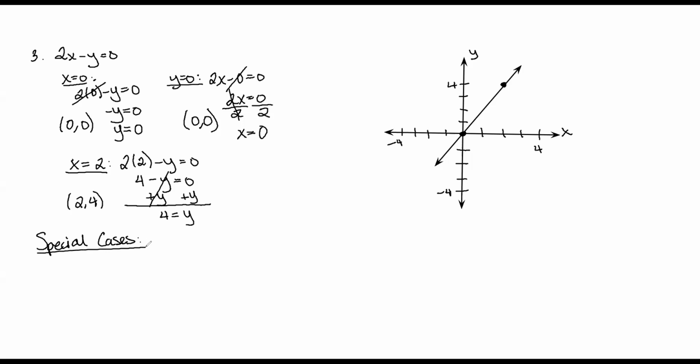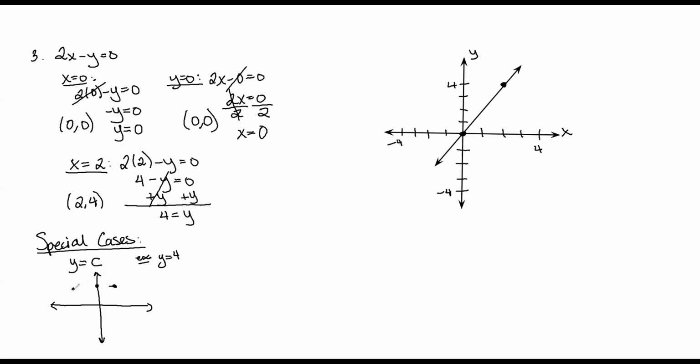So one of our special cases is when we just have y equals some number. So for example, if we were just given y equals 4, this means, let me sketch out a little graph here, that y always equals 4. So if I went up to 4 on this y-axis here, I can't go up or down anymore, but I can go left or right.